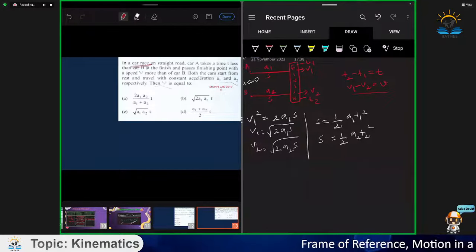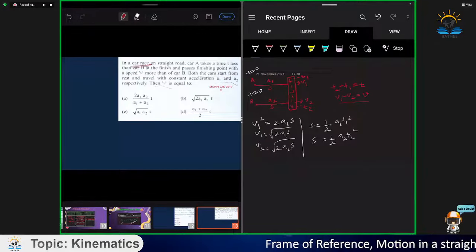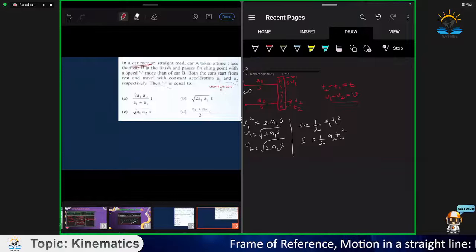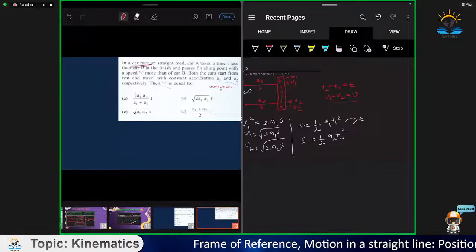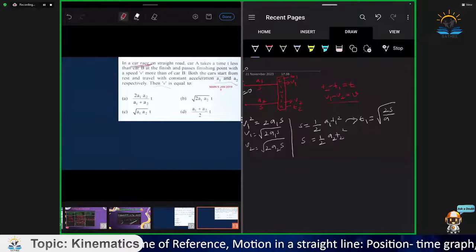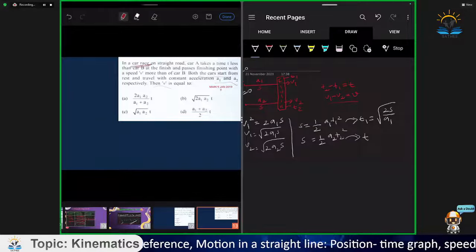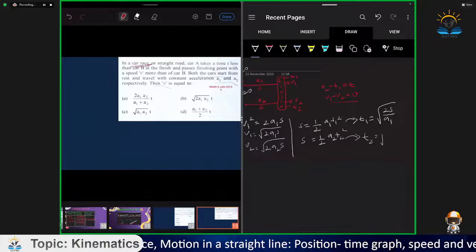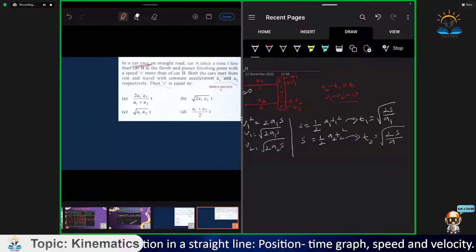Easy. From this displacement equation, we can write T1 as root of 2S by A1 and T2 as root of 2S upon A2. Simple.